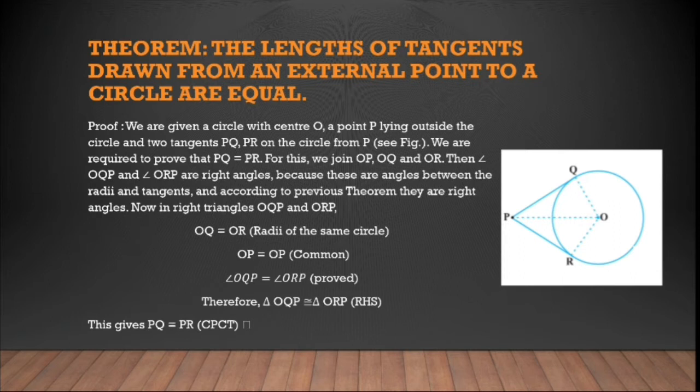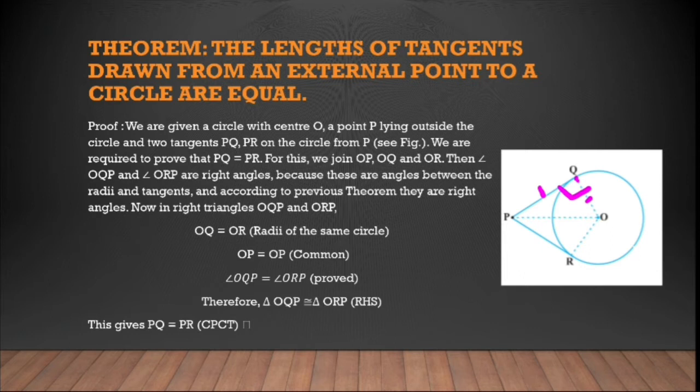First of all, consider the tangent PQ. OQ is the radius, because O is the center, and PQ is the tangent, and the point of contact is Q. You know the theorem that the radius and the tangent make 90 degrees at the point of contact. That means this angle is 90 degrees.